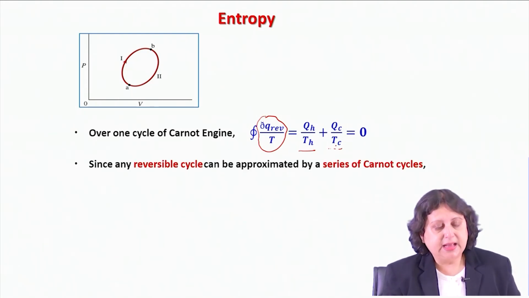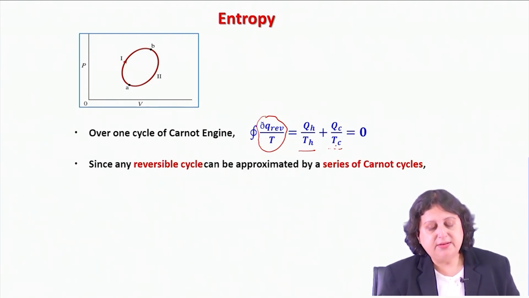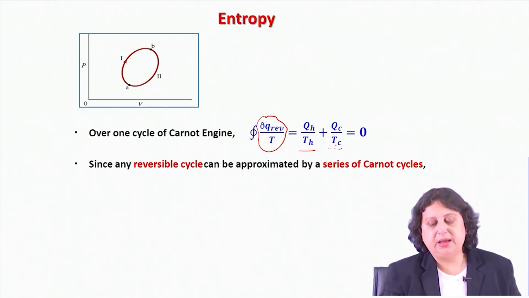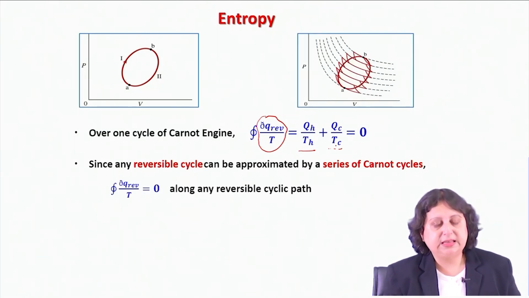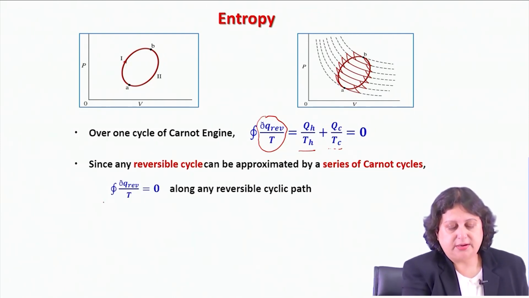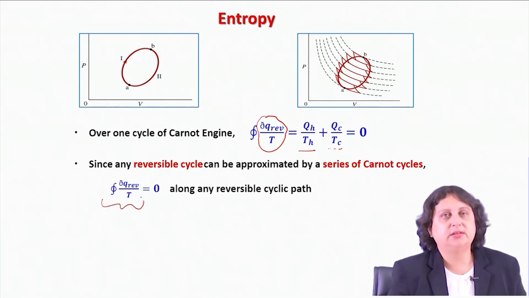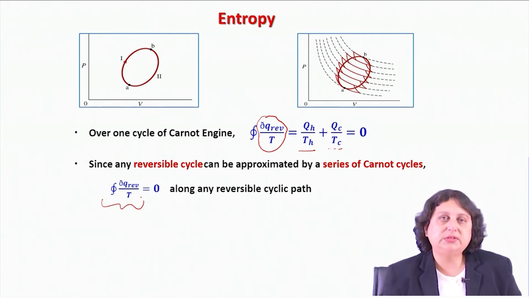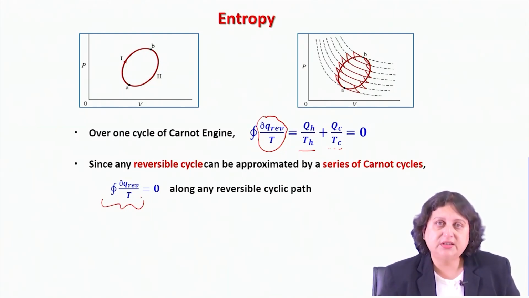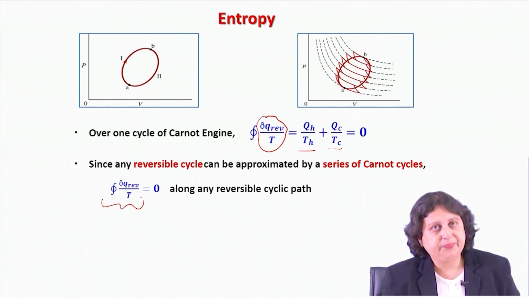Therefore, I can say that since any reversible cycle can be approximated by a series of Carnot cycles as shown in this figure, you would say that this quantity, that is the cyclic integral of dq reversible by T, must be equal to 0 along any reversible cyclic path.